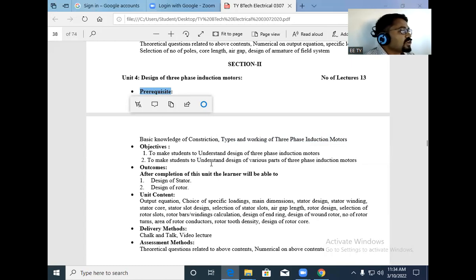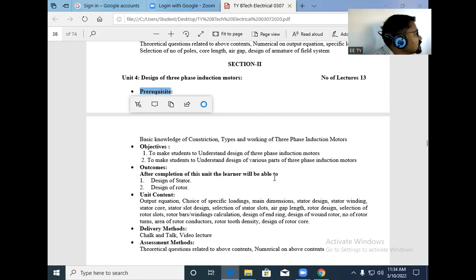Okay, if I say design of end ring, you should know in the construction of three-phase induction motor where that end ring is present, what is its exact position. Okay, I am saying only this our subject is not applicable to design. If a question arises in the MCQ from machine also, then we can't say that it is out of syllabus. Have you got it?